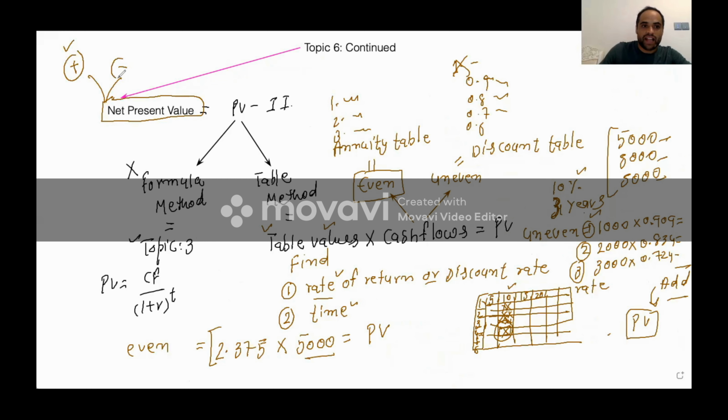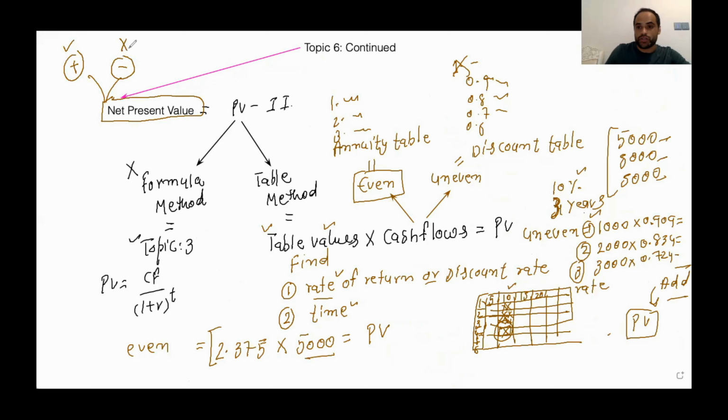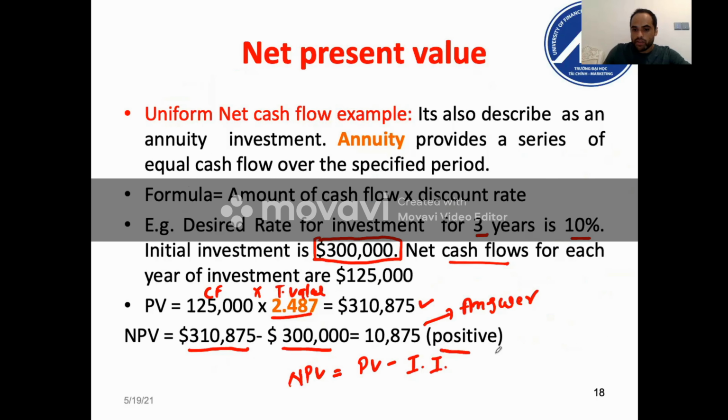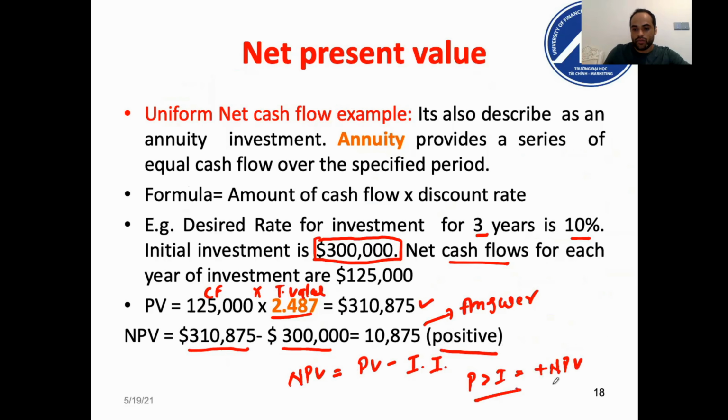If net present value is negative, we will reject the project. So if you have a look at the question, you can see I write here positive. So obviously positive. Why? Because present value is greater than initial investment. So your NPV is positive, right? So NPV is positive here. So means we will select this project.